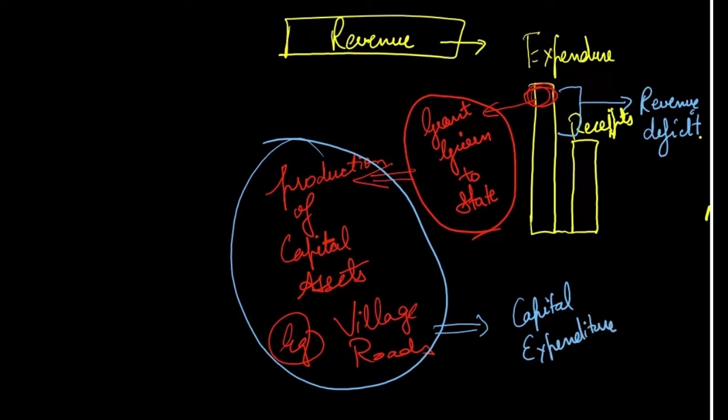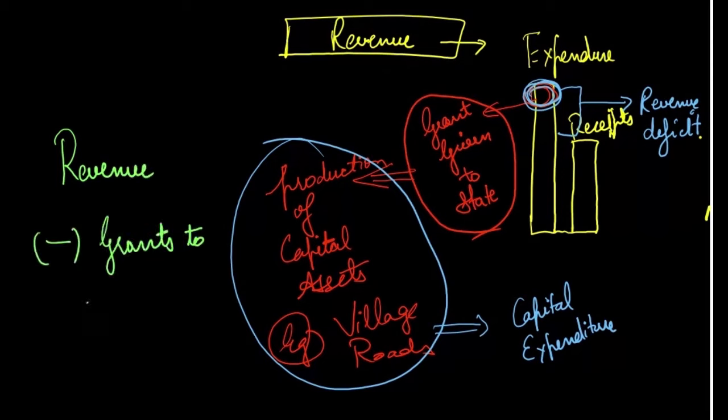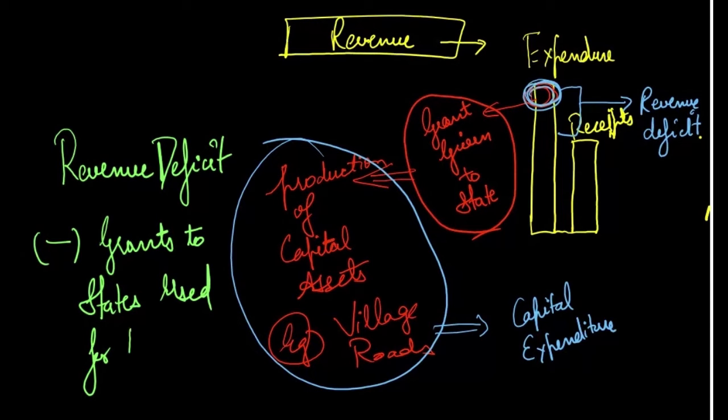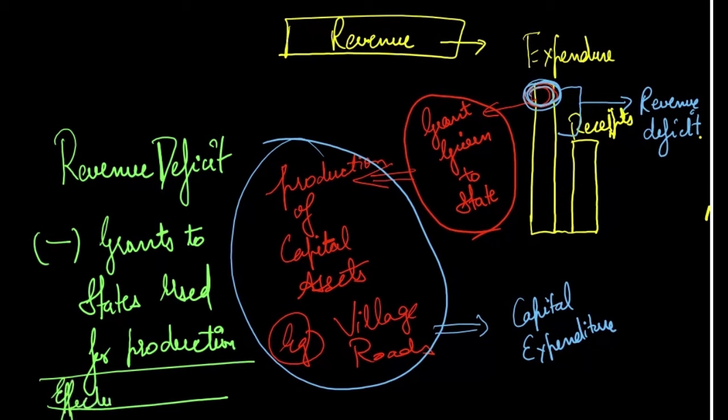So this needs to be reduced to reach the effective revenue deficit. So if we reduce the grants given to states used for production of capital assets from the revenue deficit, we reach the effective revenue deficit.